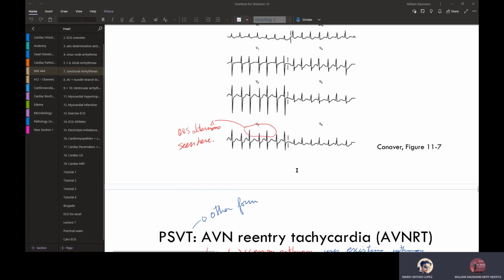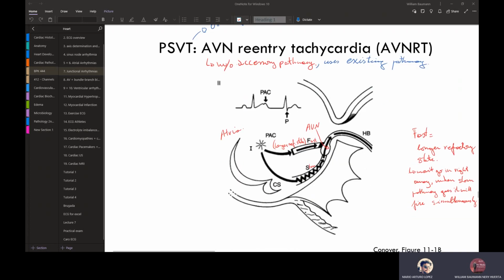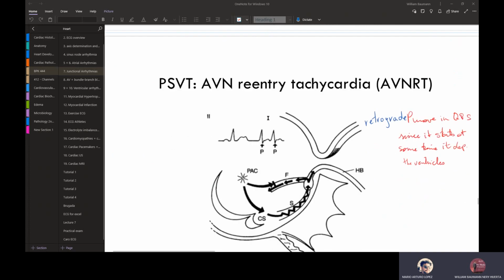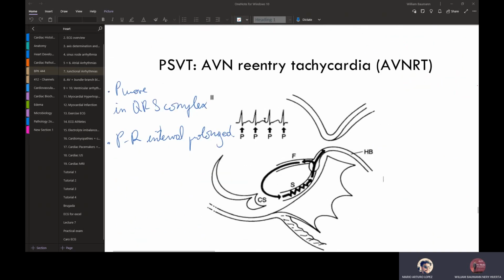And not important, the AV node reentry tachycardia without accessory pathway uses the existing pathway. So again, this is very characteristic. You don't need to know this. You also do not need to know this.